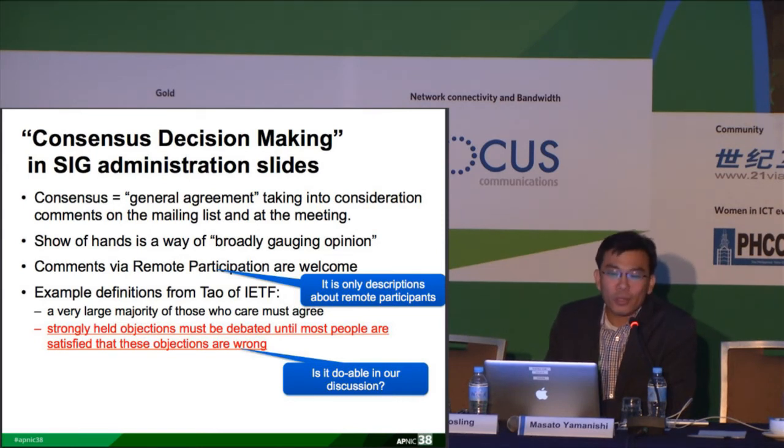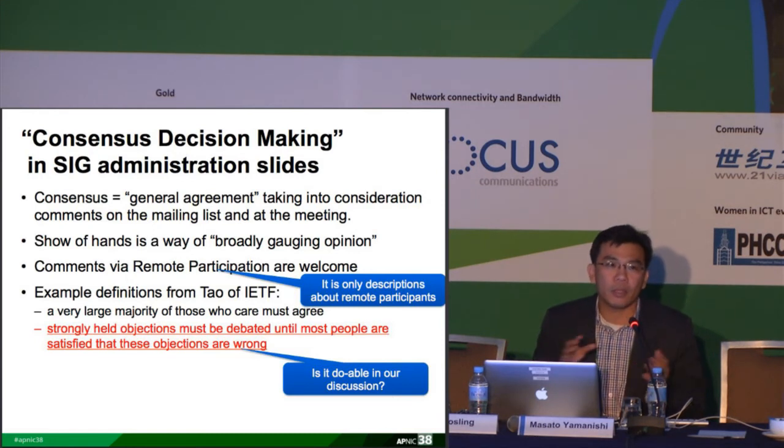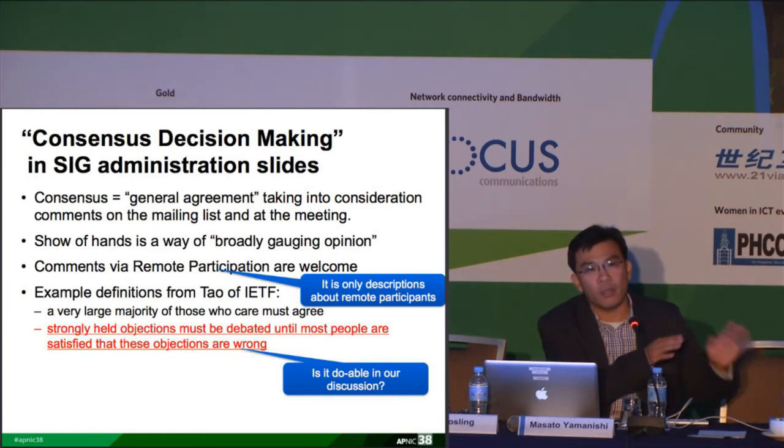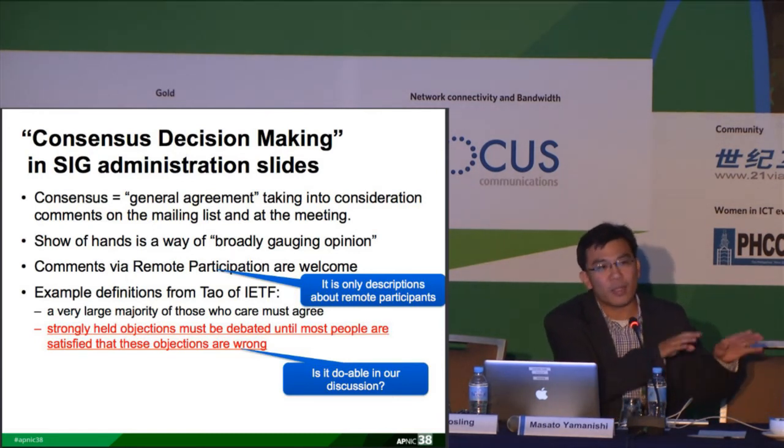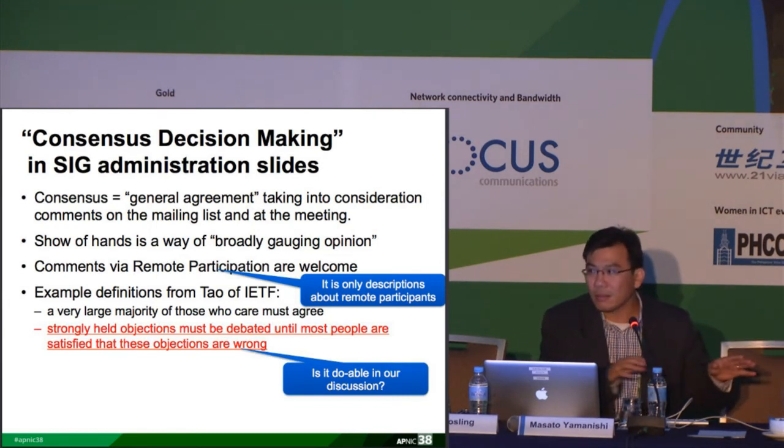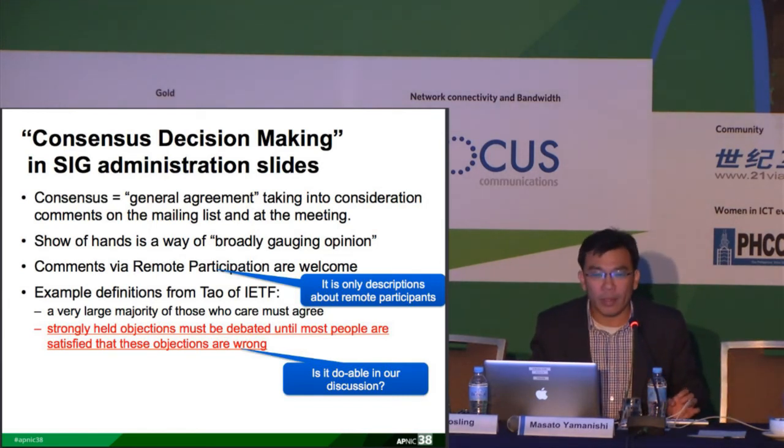But I'm not sure it is always doable in ours, because our discussion is a policy discussion, not only technical things, right? We need to cover operational matters, and we also need to consider fairness between stakeholders. So I'm not sure about this point.